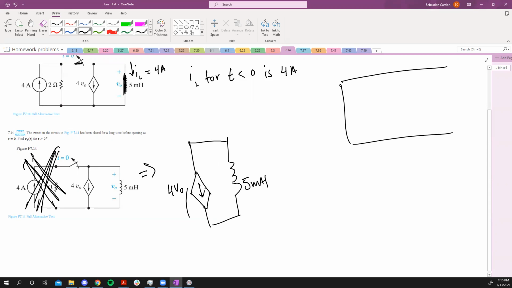With this circuit here, we're not really able to formulate an equation for the current, right? The dependent source kind of tricks us there.